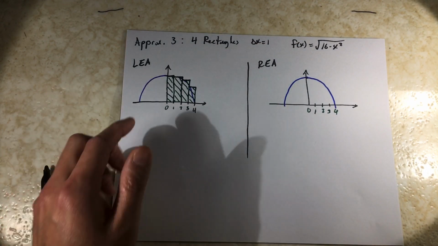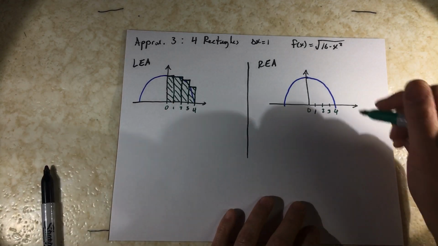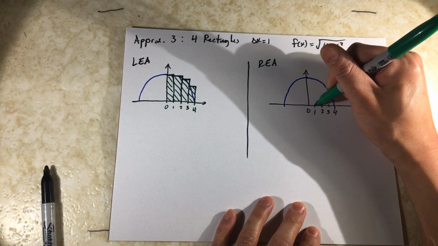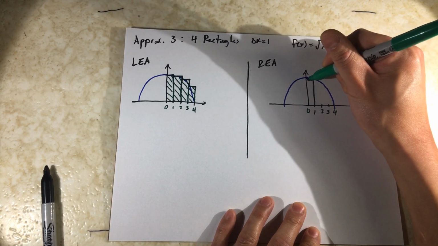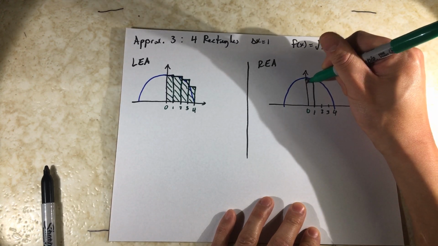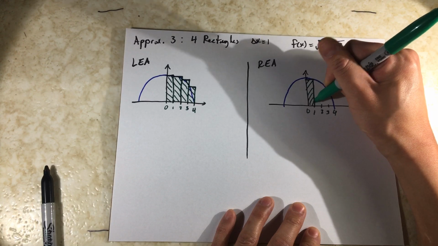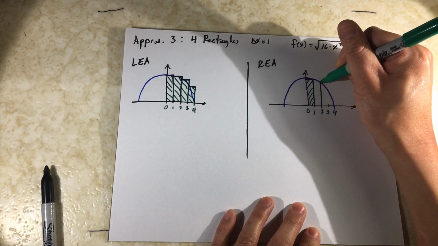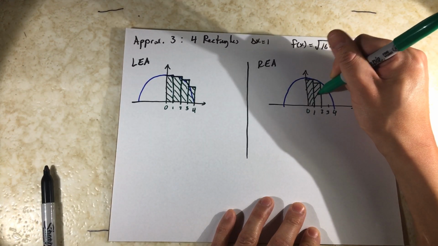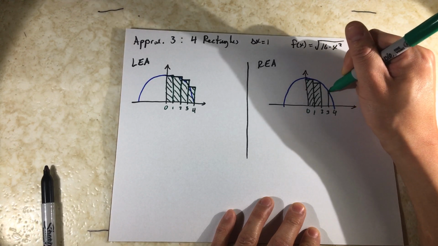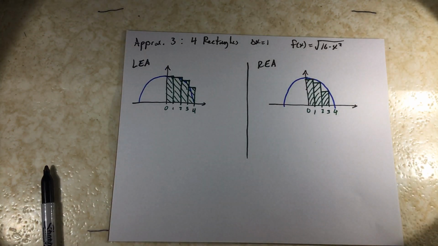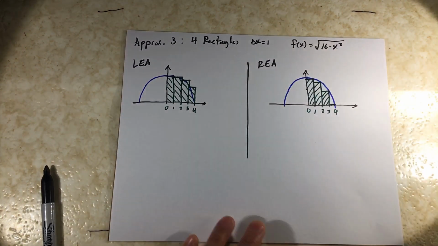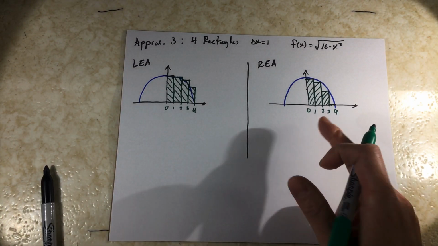I'm using the left end of the rectangles to establish the heights of the rectangles. And then for this one, I'm going to use the right end of the rectangle to establish the height. And this one is kind of a fourth rectangle with height 0.